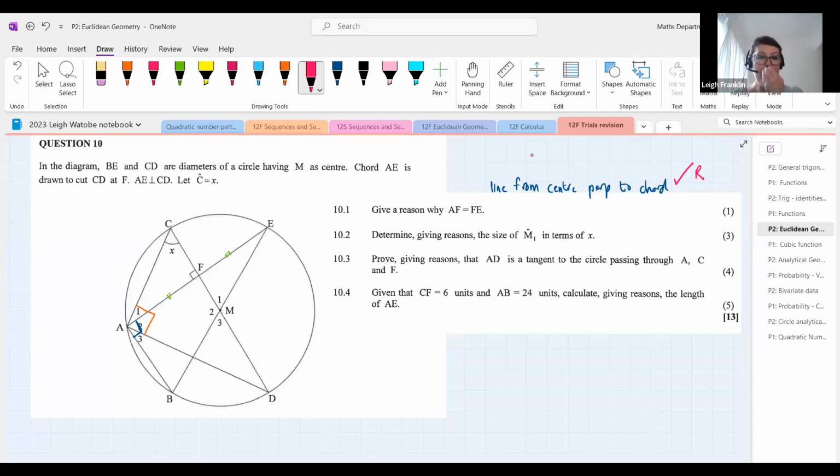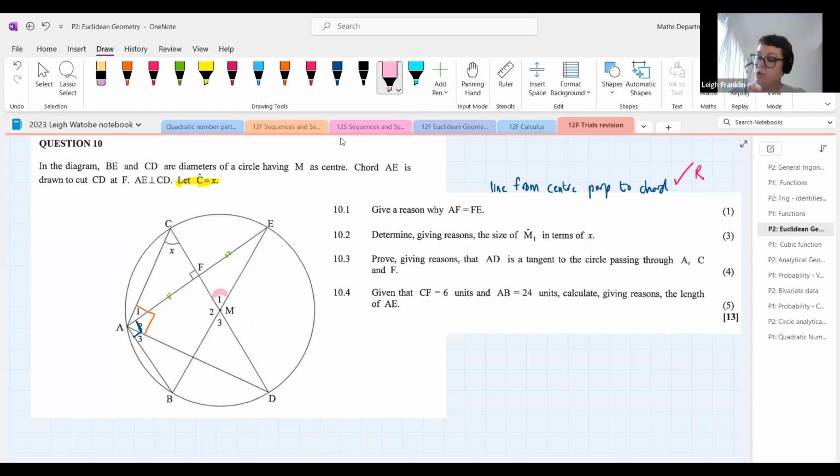Now on to 10.2. Oh, by the way, C is equal to X. That was the last bit of information that they gave us. In question 10.2, they want us to determine the size of M1 in terms of X. So we go to the diagram and identify M1 over here.